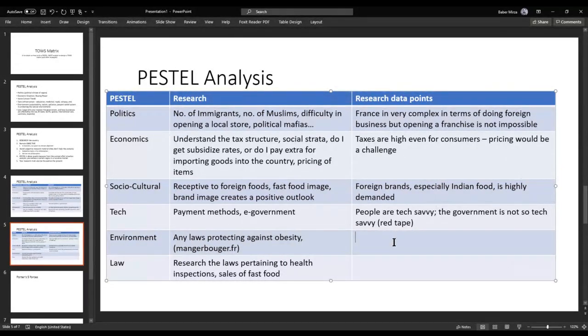Law, no, sorry, environment. Yes, there is protection against advertising for fast food. So we have the Manger Bouger campaign, but there's no law to block your sales.